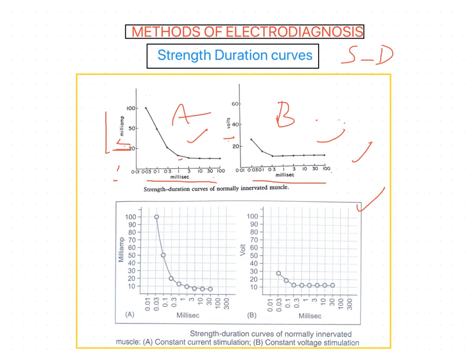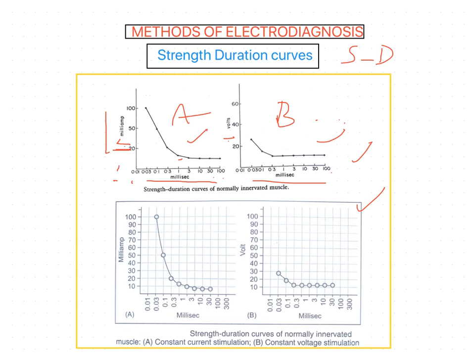Now, the type of apparatus required for this is the neuromuscular stimulator. You have to select one which provides rectangular impulses of various durations, such as 0.01 to 100 milliseconds.